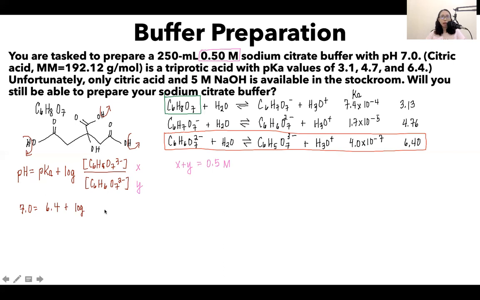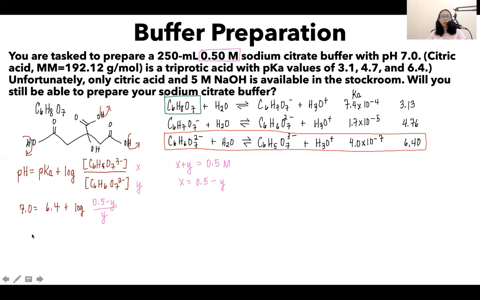So we can write, actually, we can represent X as 0.5 minus Y, yeah? So here in the numerator, we will write 0.5 minus Y over Y.